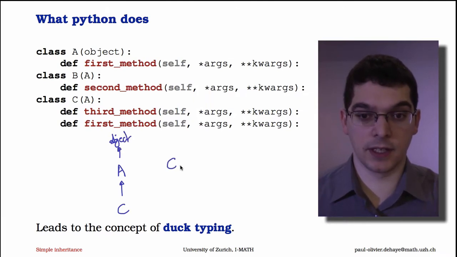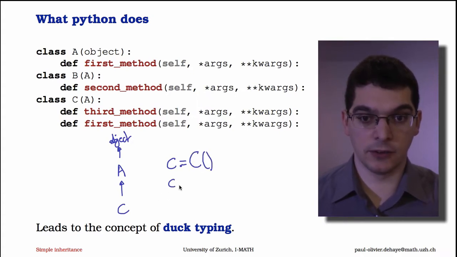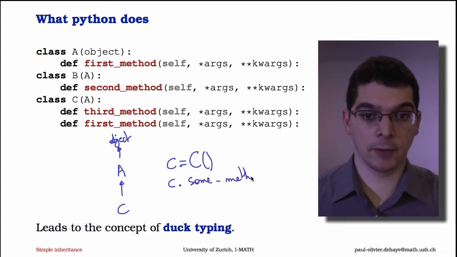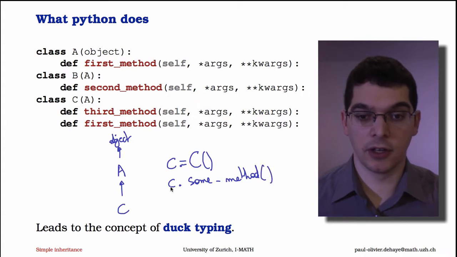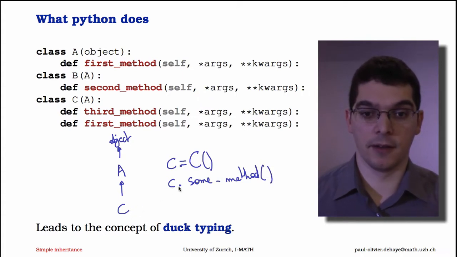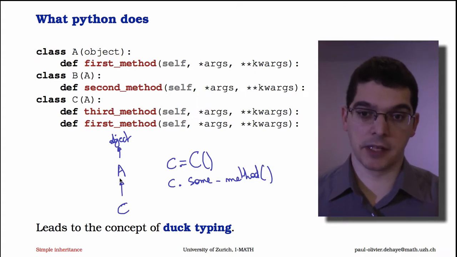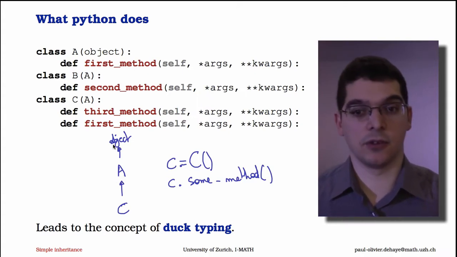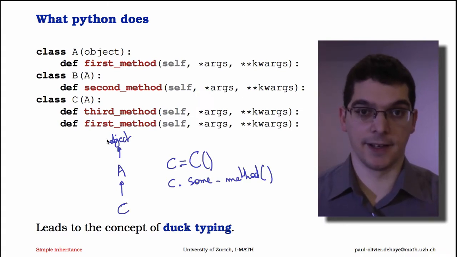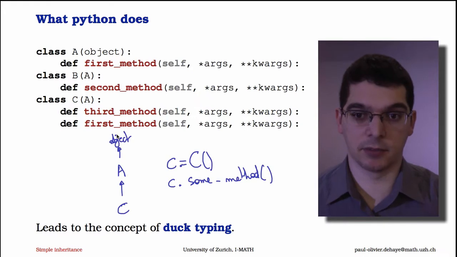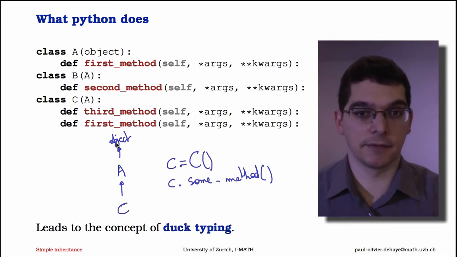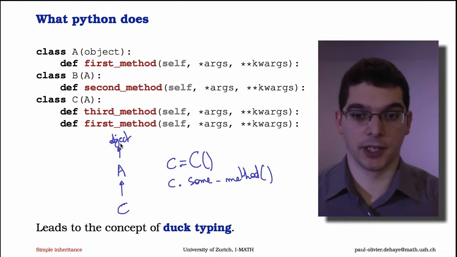Whenever you define an instance of big C and do little c dot some method, what Python will do is look whether some method is defined in the class definition for C, and if that's not the case, it will go up one step and see whether some method is defined in the class definition of A, and then it will go one step up and see whether some method is defined in the class definition for object, which doesn't really exist because object is a built-in, but it will see if some method makes sense for object.